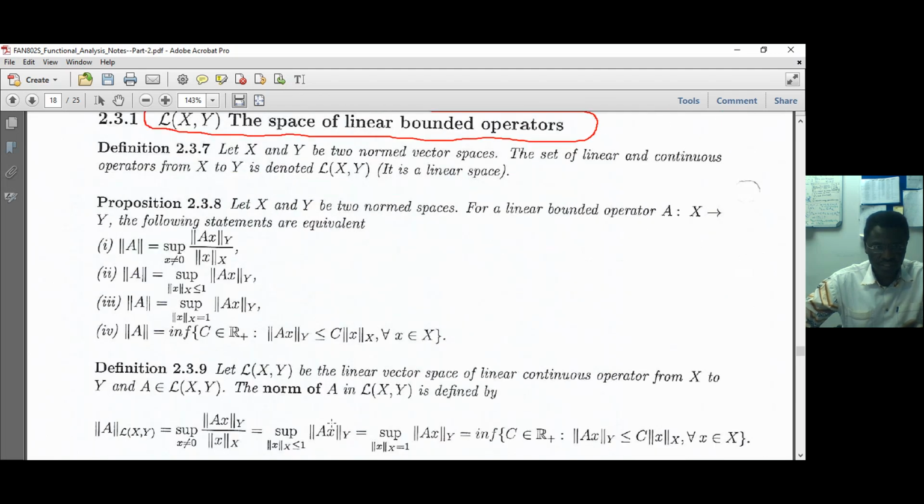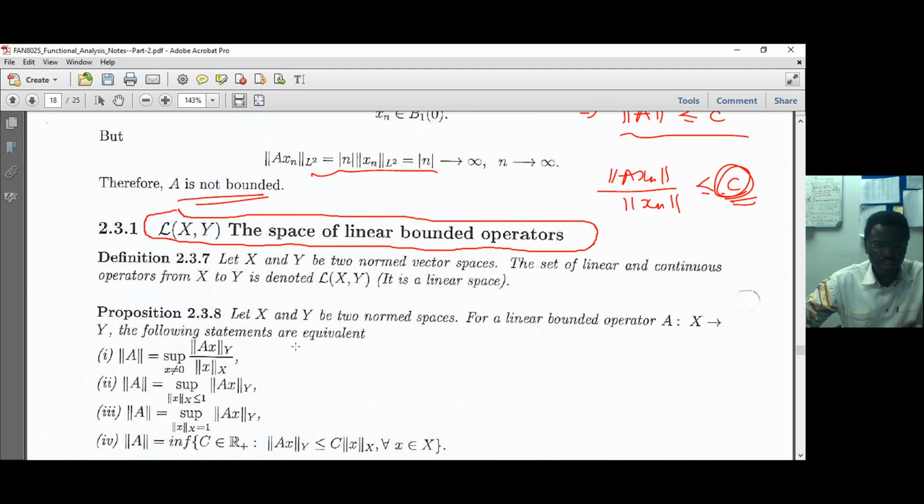And the purpose of all this is just to show that, since we know that if we have a bounded linear operator, its norm exists. And if I have two bounded linear operators, the sum of two bounded linear operators is a bounded linear operator.